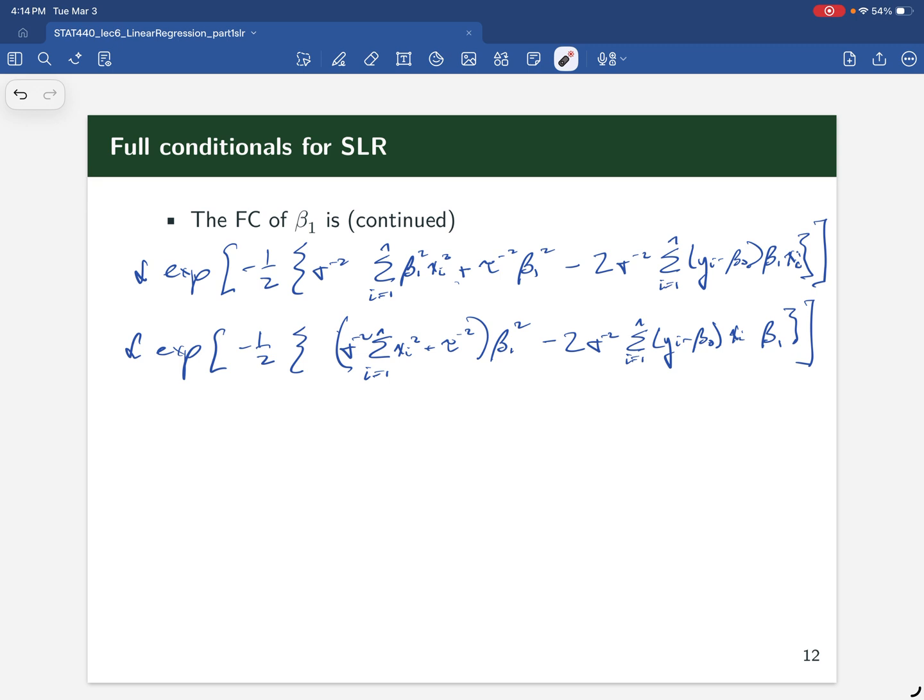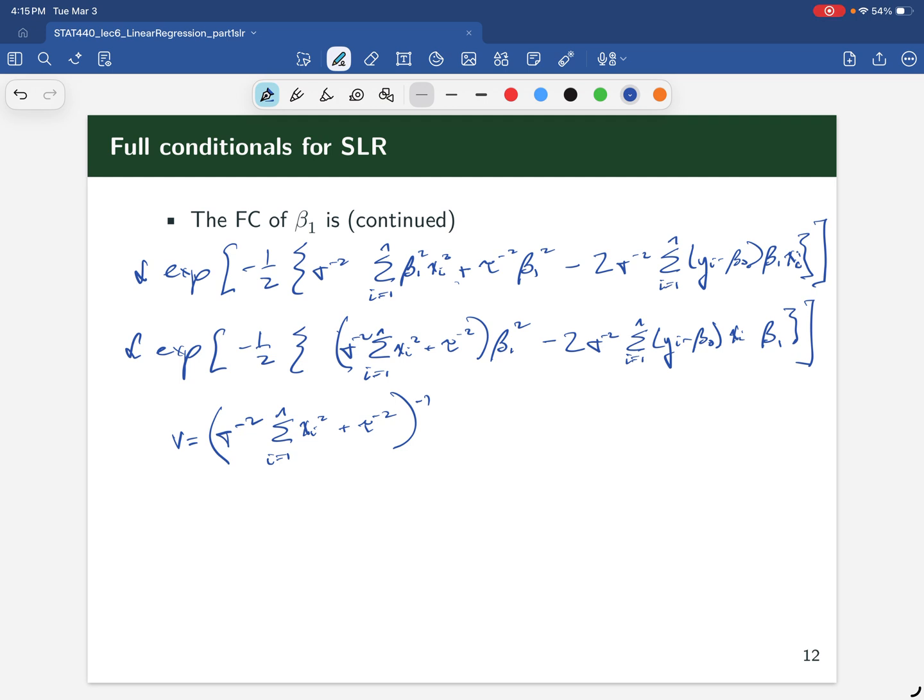So we're going to say v equals sigma to the negative 2, sum from i equals 1 to n of the xi squareds plus tau to the negative 2, inverse.